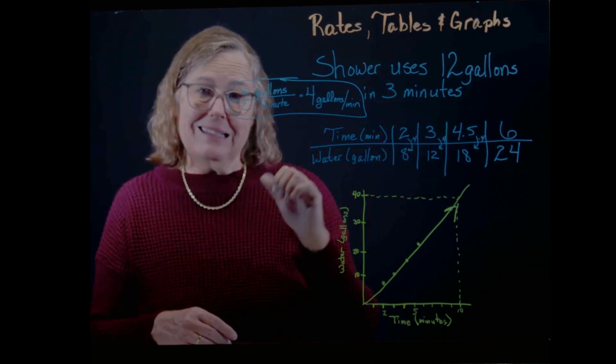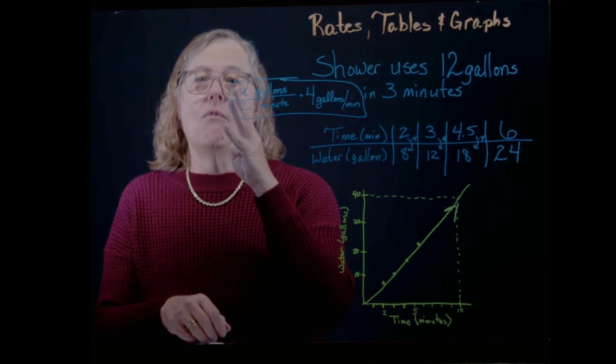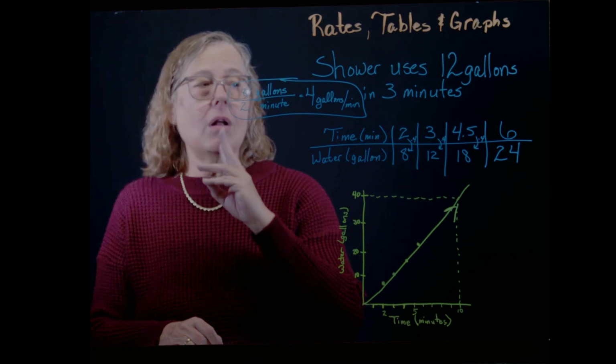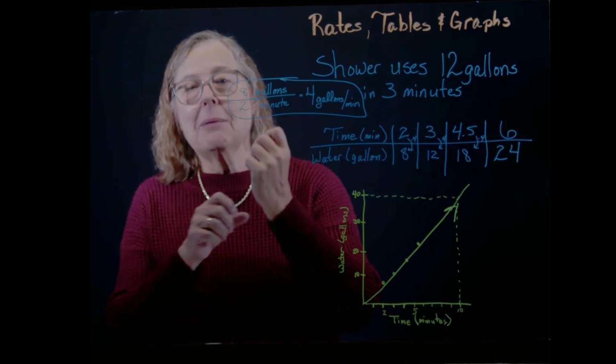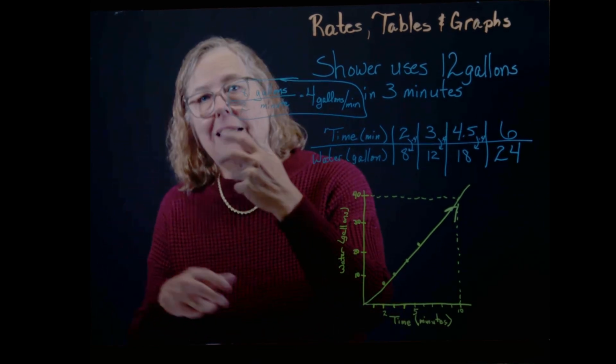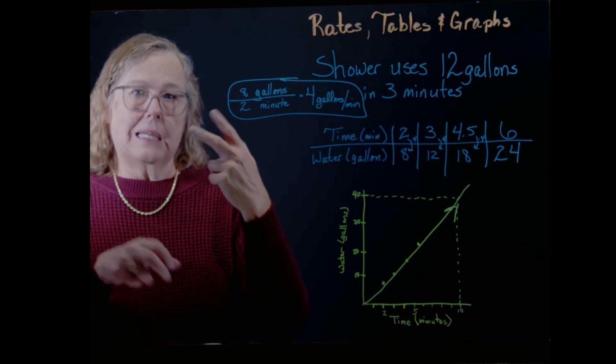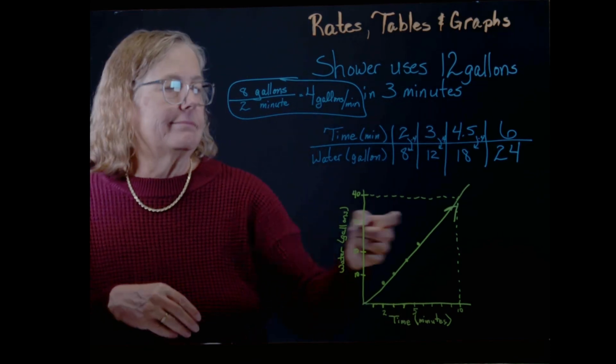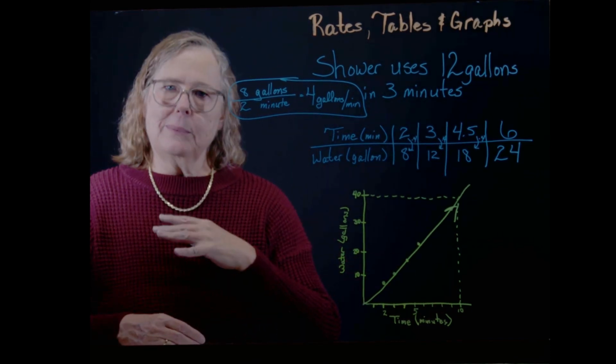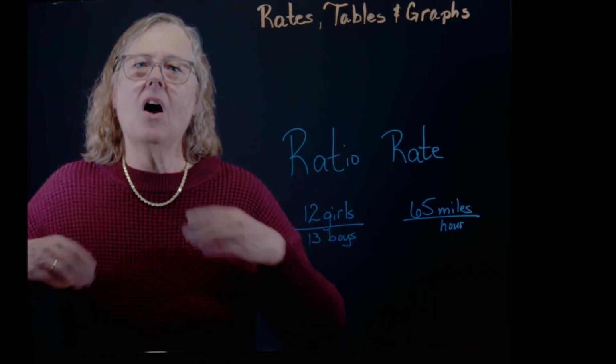So if I take a 10-minute shower, I'm using 40 gallons of water. Okay, that makes sense. Because if we multiplied 4 times 10, I would get 40. Hey, that's pretty cool.